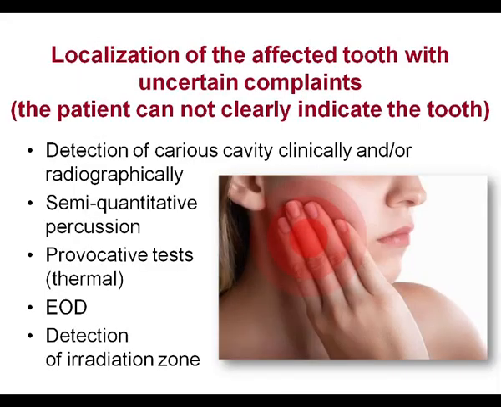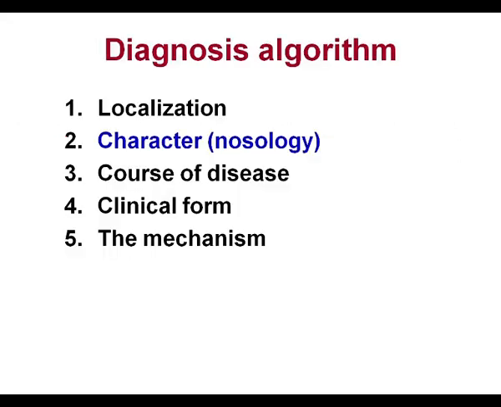Or it may be a case when the patient cannot clearly indicate the tooth. Then we detect the caries cavity clinically and or radiographically. We also use percussion, provocative tests like thermal or cold, electroodontodiagnostics, and detection of irradiation zones.